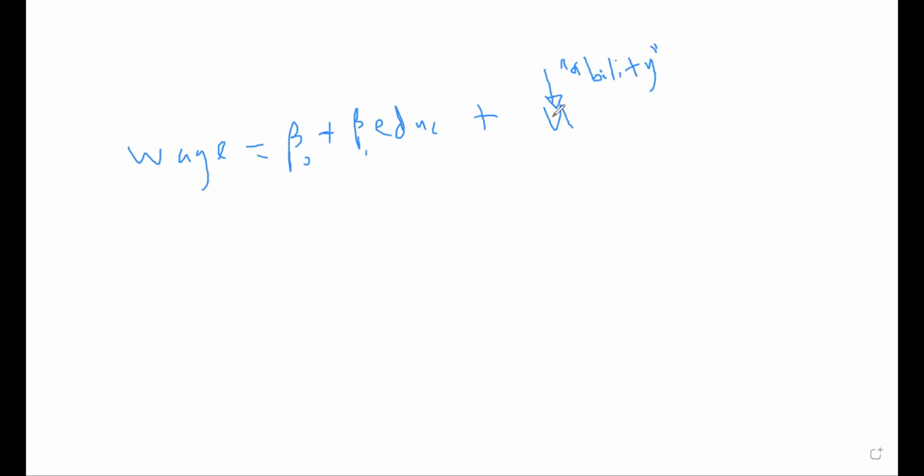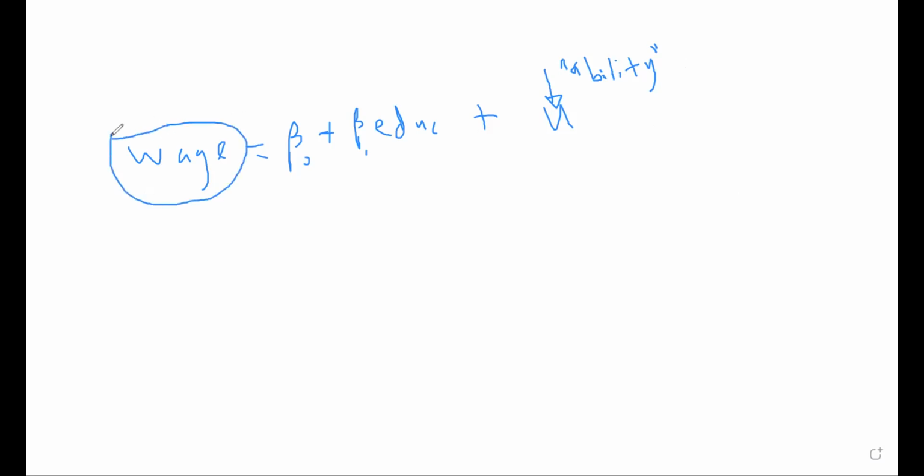Why do I believe ability is in the error term? Because I cannot observe it. But why am I even thinking that ability belongs to this equation? Because people's ability or intelligence actually affects their productivity and therefore affects their wages.